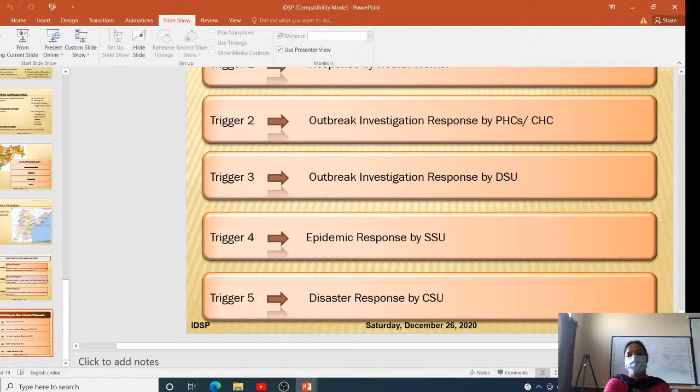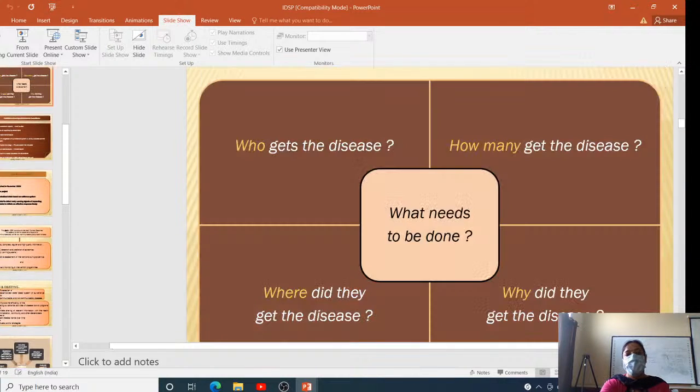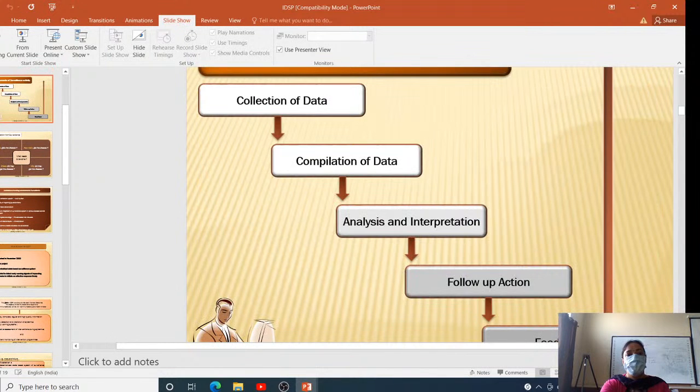Don't forget the initial slide that I showed you. What is the aim of IDSP? Ultimately, the aim is that data collection should happen. Okay, this slide, data collection should happen, then we can compile that data, we can analyze, interpret, and it should always be followed up with some public health action.